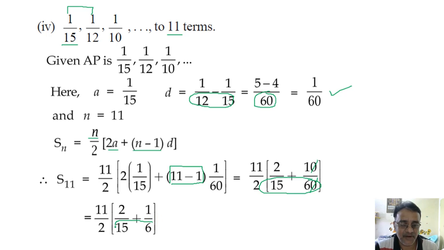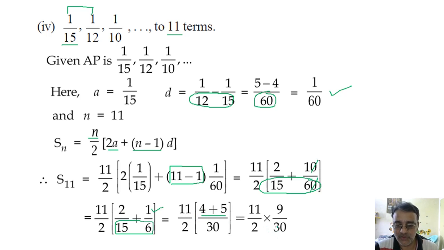And the LCM of these two is, what will you get? 30. So we have to multiply this by 2 and this by 5. So we will get 4 plus 5, that is 9 by 30. Here we can cancel: 3 3s are 9 and 3 10s are 30. So what we are going to get: 33 by 20. So this is the final answer.